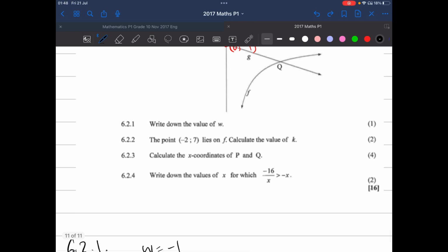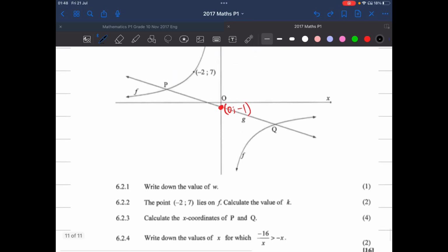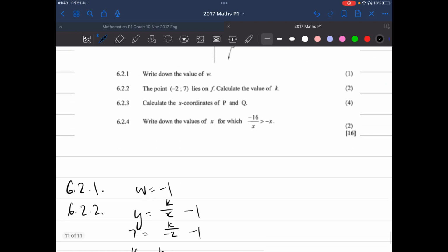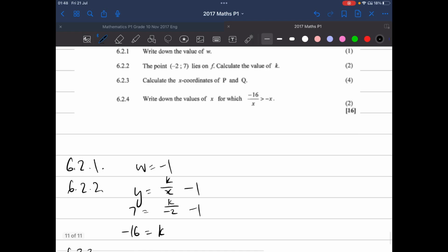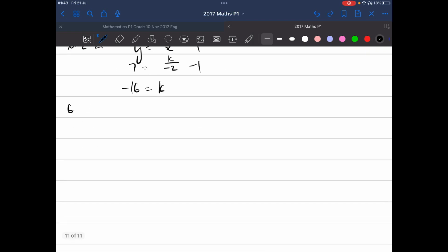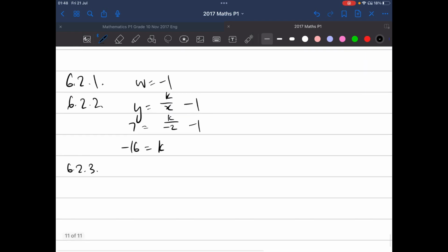Okay, cool. Calculate the x coordinates of P and of Q. If you look at P and Q, that's the point where g and f intersect. Okay, so 6.2.3, sorry. So g of x equals f of x.